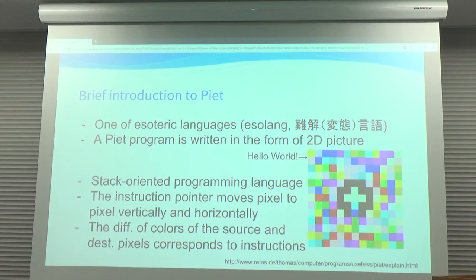And this language is stack-oriented, and the instruction pointer moves around this picture vertically and horizontally. And I think the hentai of this language is that the difference of colors of the source and destination pixel of the movement corresponds to instructions. So not the color itself, but the difference is the instruction.